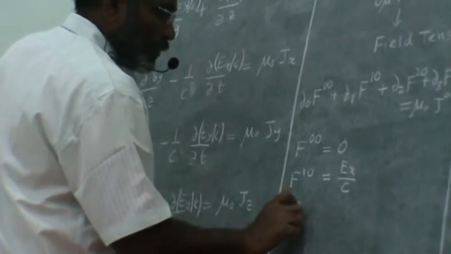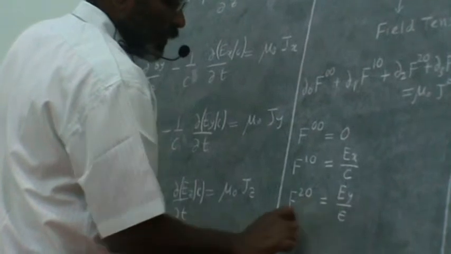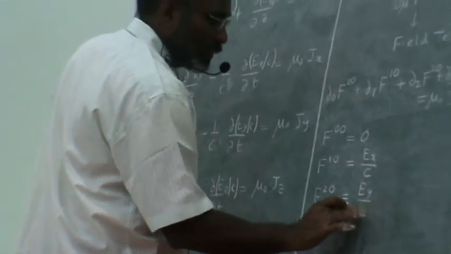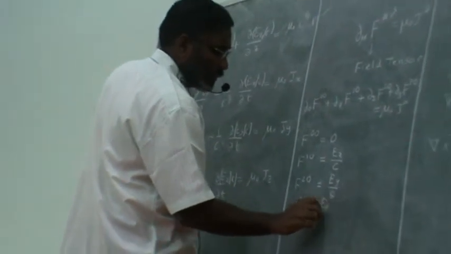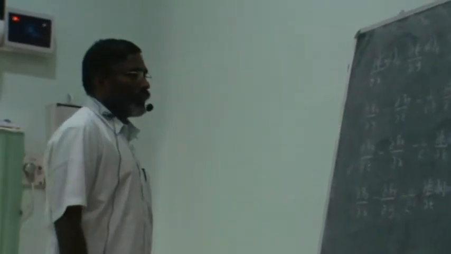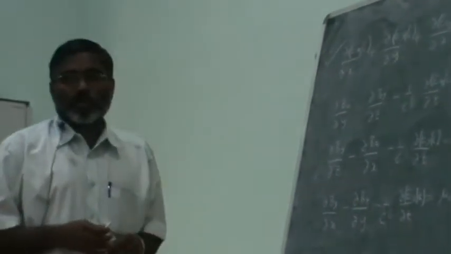Similarly, F20 is Ey by c, and F30 is Ez by c. So I have completed this equation.